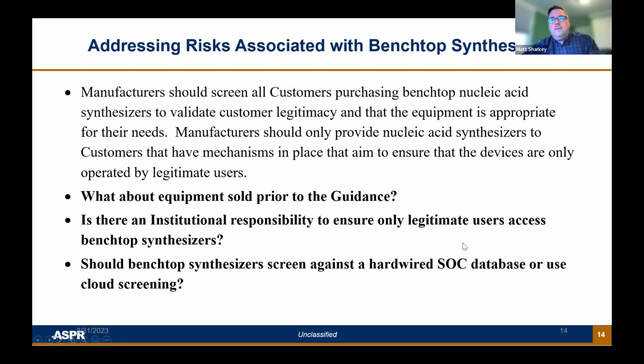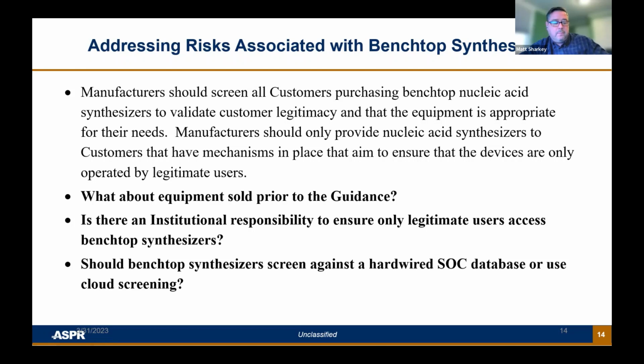We're also suggesting that the devices contain either hardwired or cloud screening capabilities, and that they not be able to manufacture at least SOCs without that screening taking place. We have been meeting with the benchtop synthesis community to determine if that is possible.